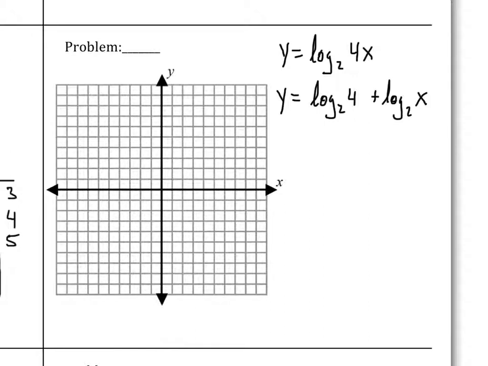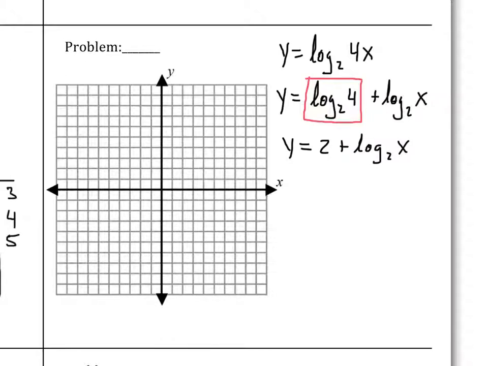Here's a little quiz to see if you've been paying attention. What does log base 2 of 4 equal? You ask yourself, 2 to what power equals 4? So log base 2 of 4 equals 2, and we have y equals 2 plus log base 2 of x.